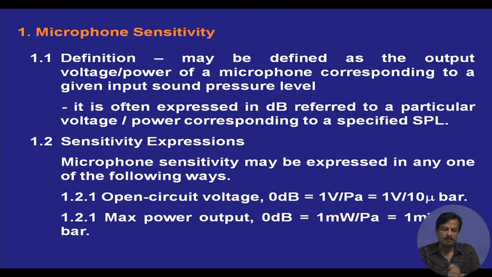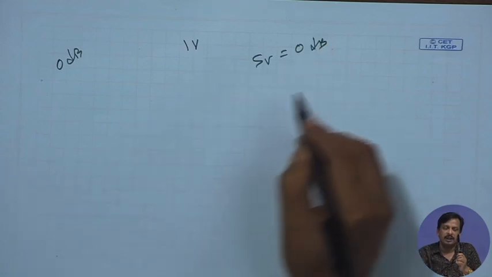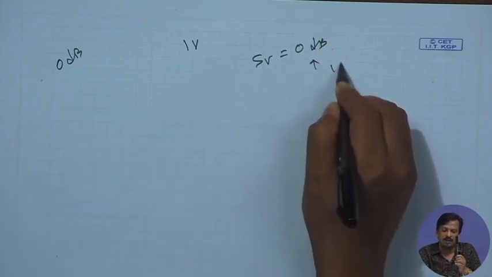Okay. Now, if the sensitivity of the microphone is 0 dB, then it is produced by 1 Pascal pressure.